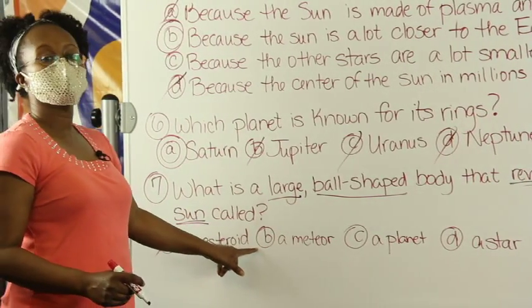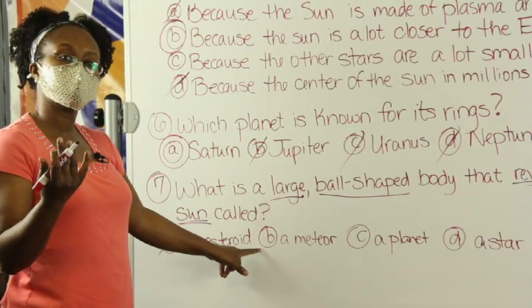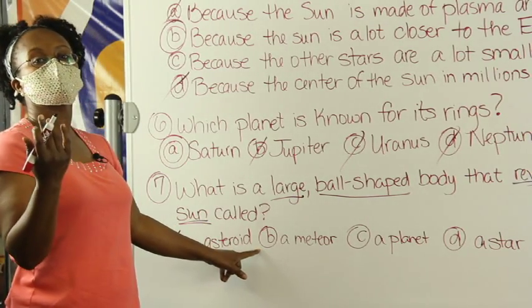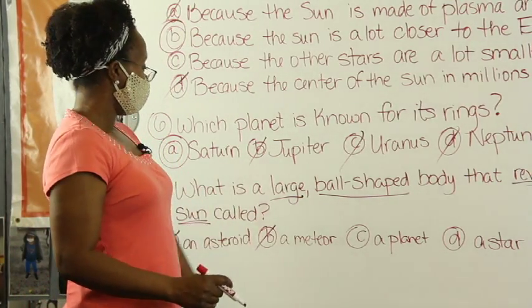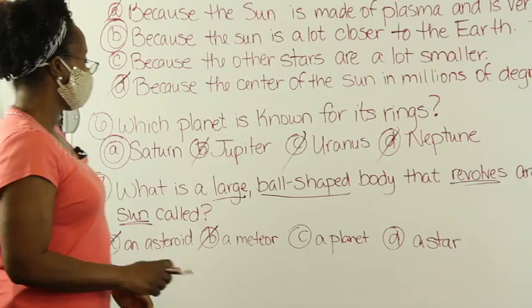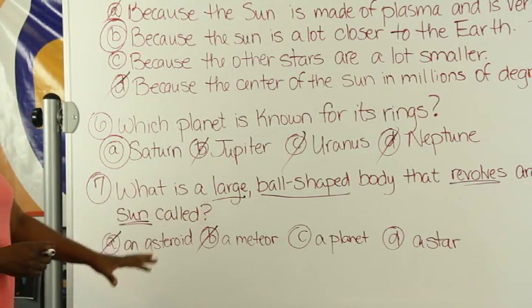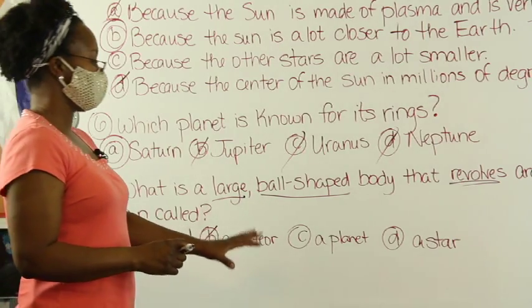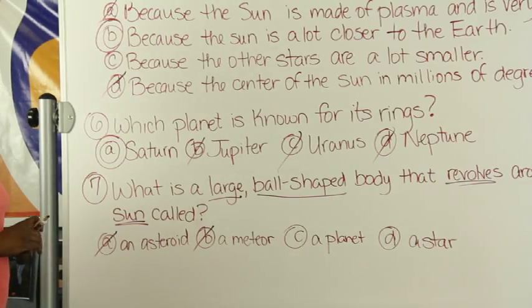B, is it a meteor? A meteor is something like an asteroid. It does its own thing in a way. It doesn't have anything to do with the sun necessarily. C, a planet. Does a planet revolve around the sun? It does. So we'll keep that one for now. It's not wrong, so we'll keep it. And D, a star.